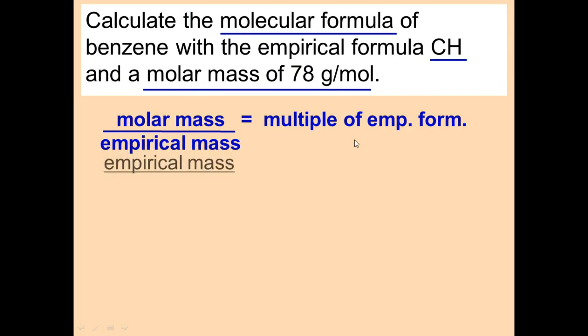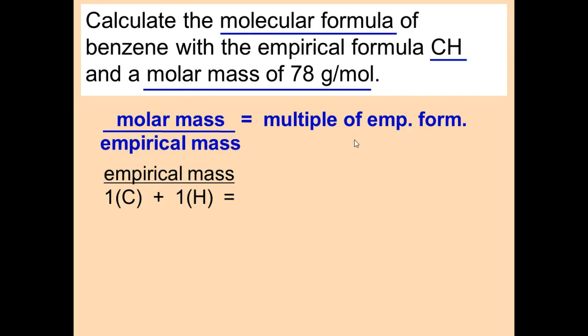Then we have to calculate the empirical mass. We have 1 carbon, so we take carbon's atomic mass, 12.01, multiply it by the number of carbons, and add the number of hydrogens times its atomic mass. So 12.01 plus 1.01 is 13.02 grams per mole, so the empirical mass is 13.02.